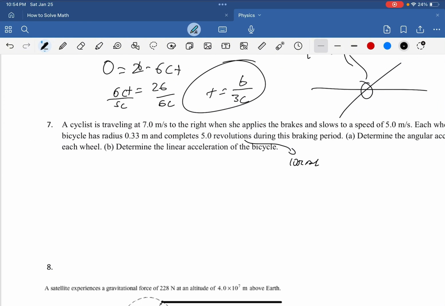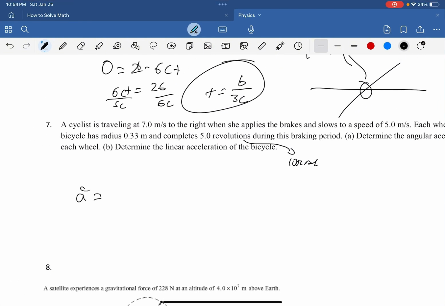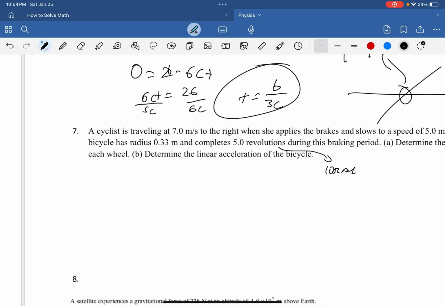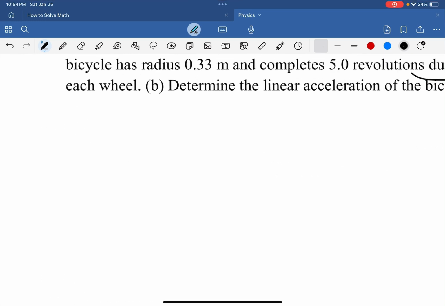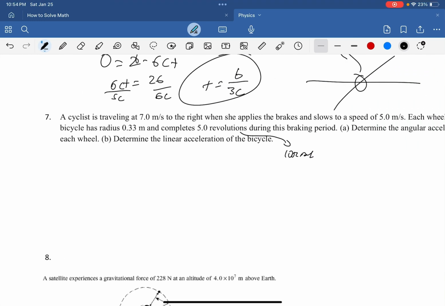So VI, let's use a... Actually, we can't use that. Hold up, I forgot what I did for this. Let me try something. I'm not going to add that much commentary because I'm going to try something. What are we looking for again?